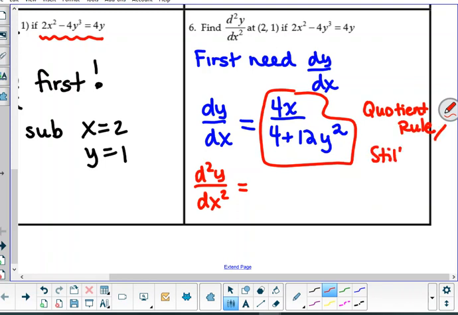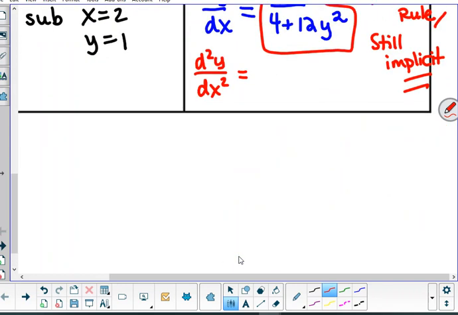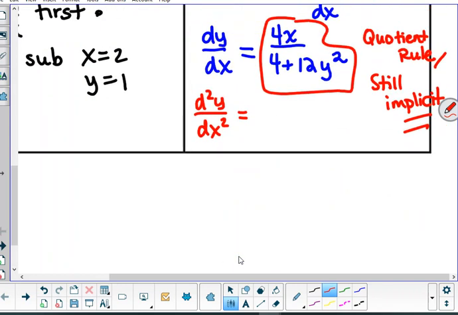And I'm still going to be attacking this implicitly. So watch what's going to happen. All right.